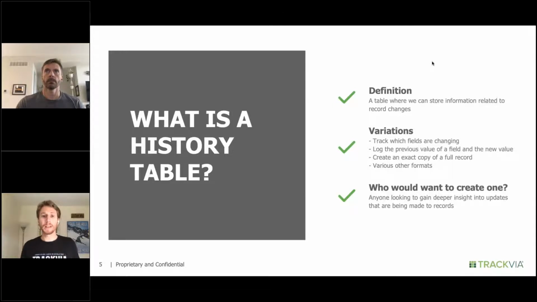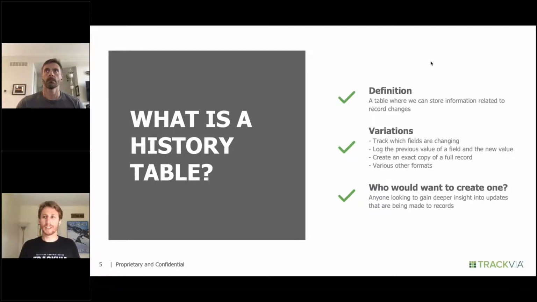Now, there's many flavors that a history table can come in, ranging from more simplistic implementations, where maybe there's just a specific field that you really want to hone in on and track the changes against, to more robust implementations where you want to see the entire record version.